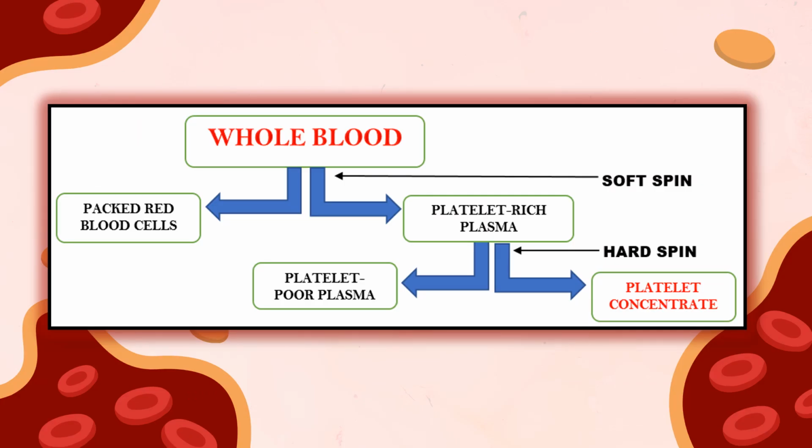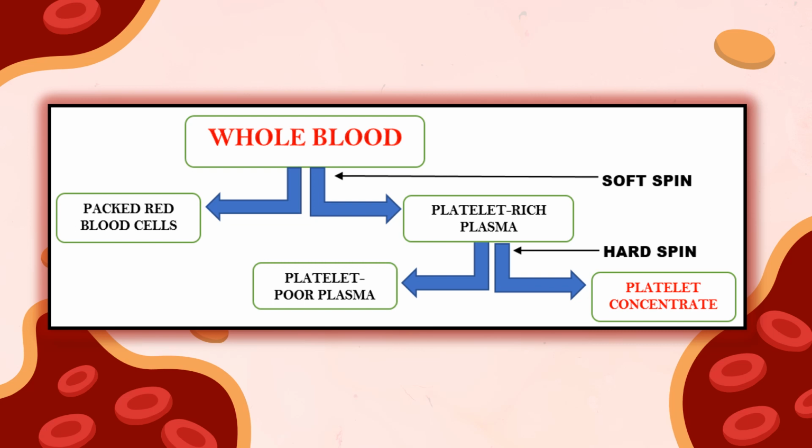Okay, class, this is a simplified summary of the centrifugation and the products produced from each process. From the previous slide, we have mentioned that soft spin or light spin will sediment your red blood cells, forming your packed red blood cells and platelet-rich plasma as the supernatant.